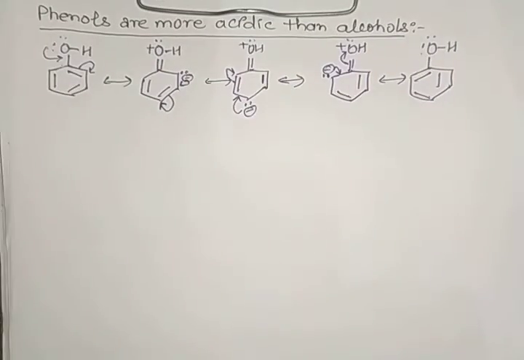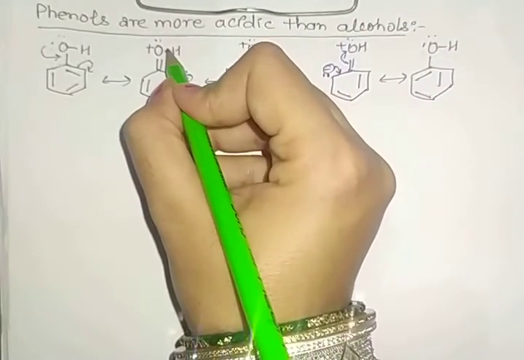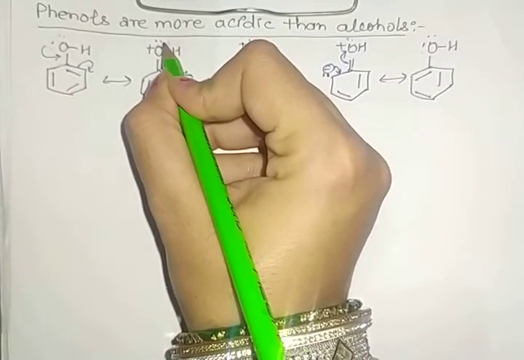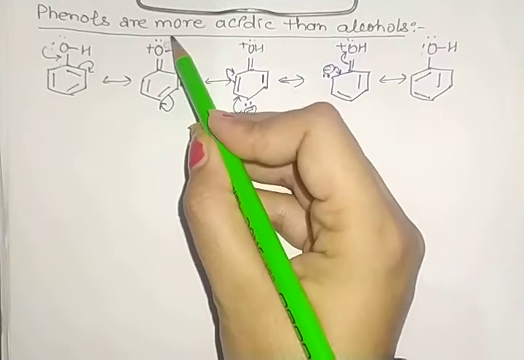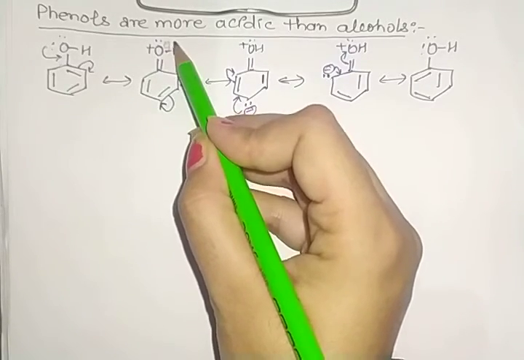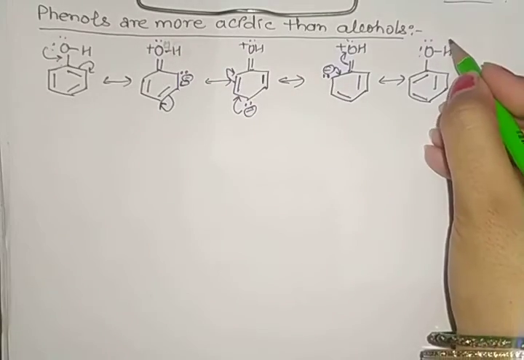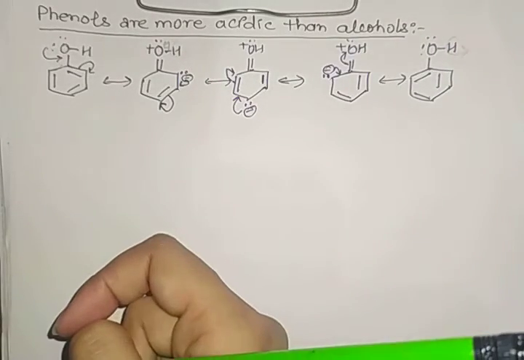There is a positive charge already, and the electrons from this bond are also attracted by the oxygen. When this happens, the hydrogen is easily removed from here.